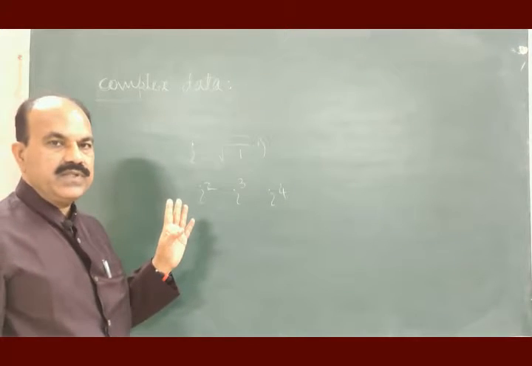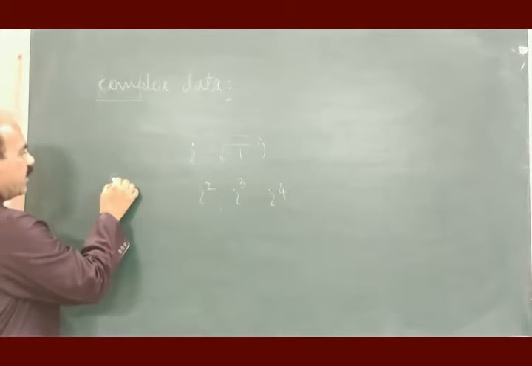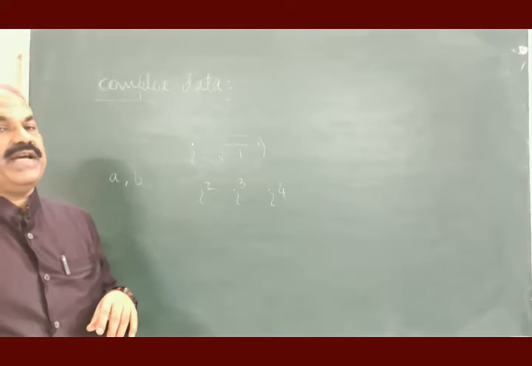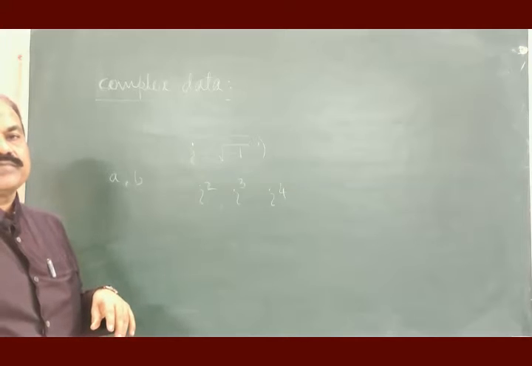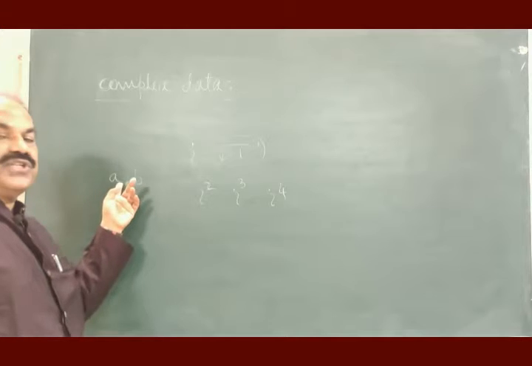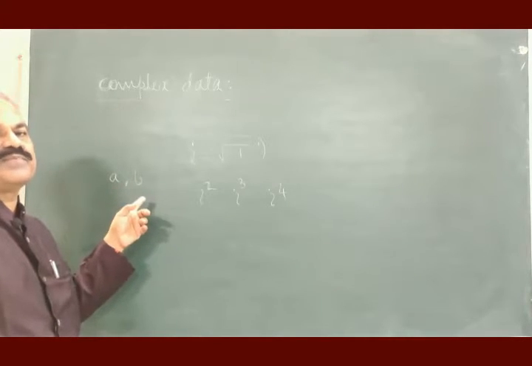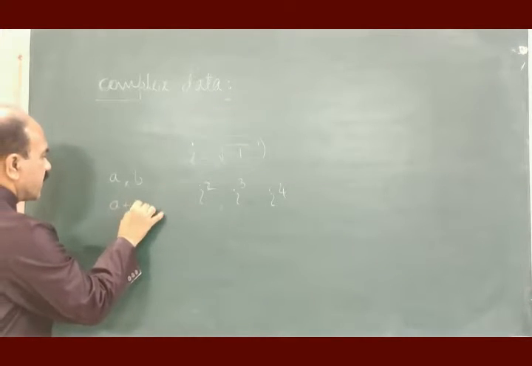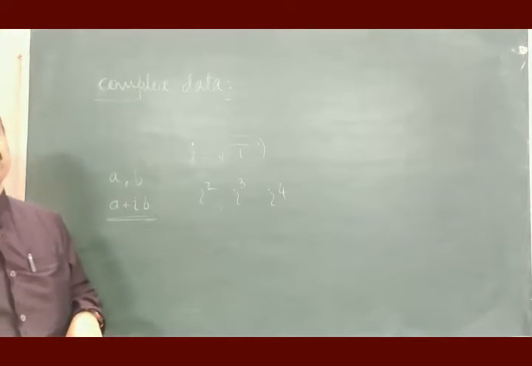The complex data or complex number has real numbers A and B. A is real, B is real, and if you want to represent a complex number using this ordered pair of real variables A and B, we can write the complex number as A plus IB.